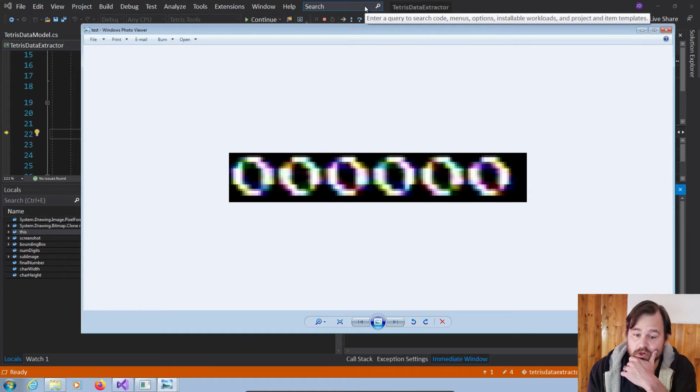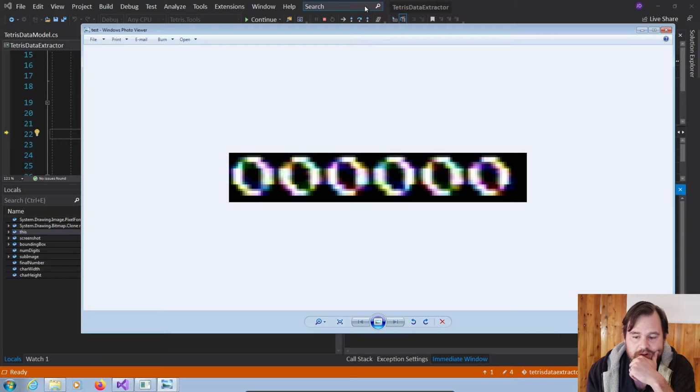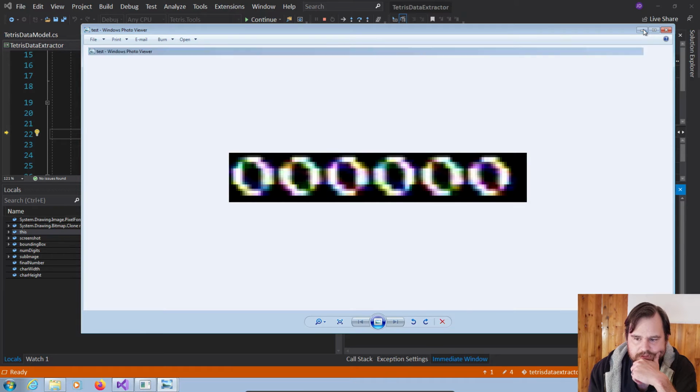It's sort of all right, but not quite. That's not very good. I thought there's a lot more space to the right than to the left.